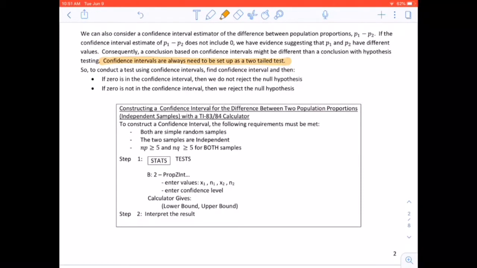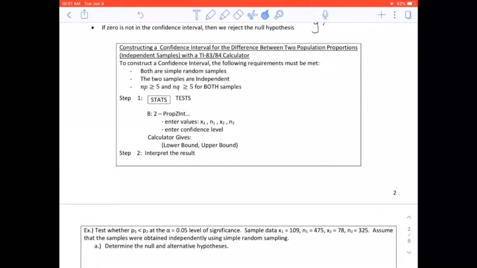So to conduct a test using confidence intervals, find the confidence interval, and then there are two things that we need to know. First one is if 0 is in the confidence interval, then we do not reject the null. And if 0 is not in the confidence interval, then we reject our null hypothesis. So the next step on here, give this box a star, is constructing a confidence interval for the difference between two population proportions.